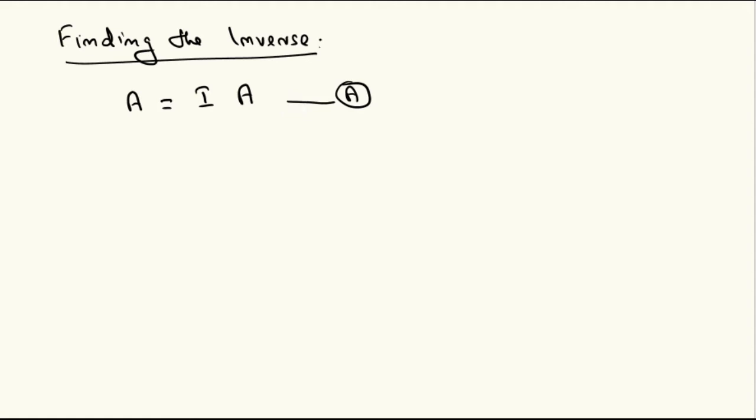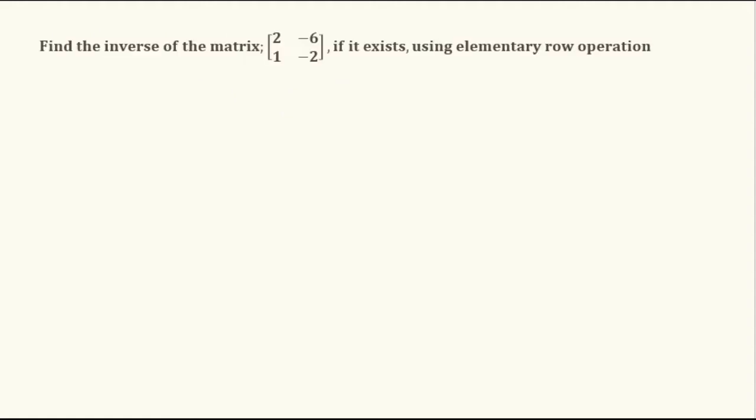Now we will see one question and we will start the procedure. So here A is coming. Here they have given the matrix 2, minus 6, 1, minus 2. So we have to write A equal to IA.